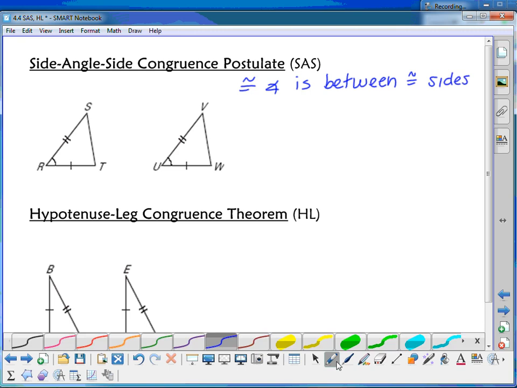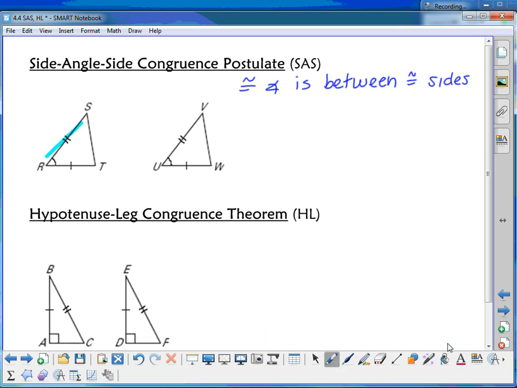You can see in the figure here that I've got these two congruent sides and then the congruent angle is between them. So it's side angle side.